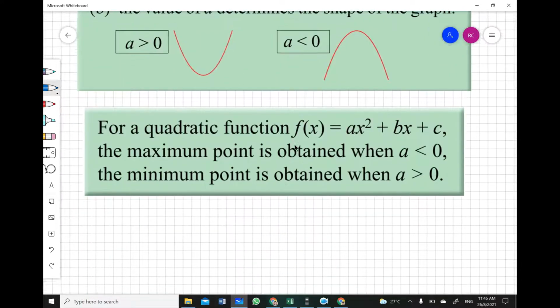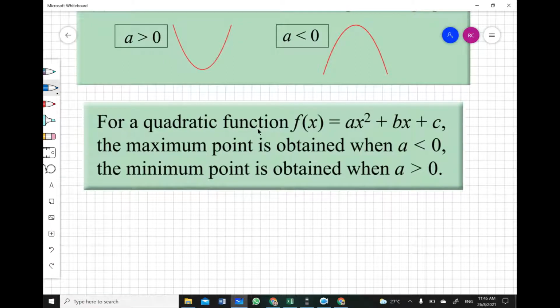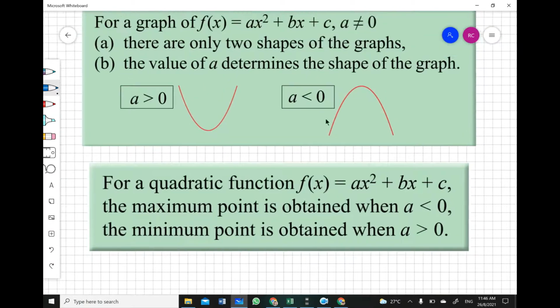For a quadratic function f(x) = ax² + bx + c, a maximum point is obtained when a is less than 0. When it's less than 0, you get a sad face, so you get a maximum point on top. And when a is greater than 0, you have a smiley face like this. The point at the bottom is the minimum point.